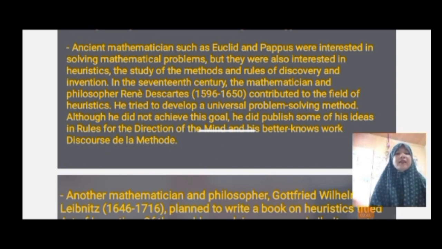He tried to develop a universal problem-solving method. Although he did not achieve this goal, he did publish some of his ideas in Rules for the Direction of the Mind, and his better known work, Discours de la Méthode.